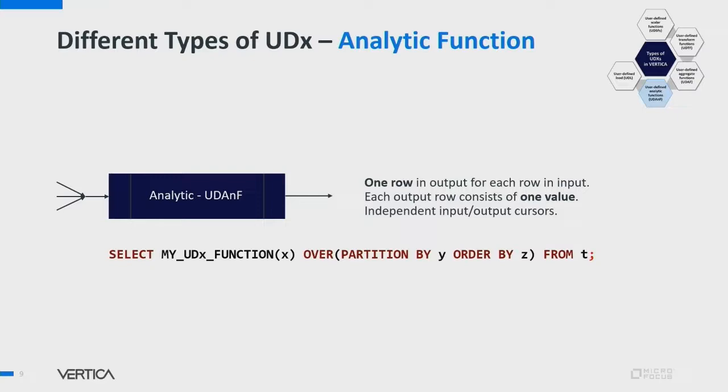That gives you the possibility to calculate the data based on the previous records from the same partition, to be precise, and you can create a function that has a similar behavior to the lag function, or you can return a value based on, for example, 3, 4, or 5 previous records. To call that type of function, you simply specify the function name, pass arguments, and then add the OVER clause with partition and order by statements inside of it.